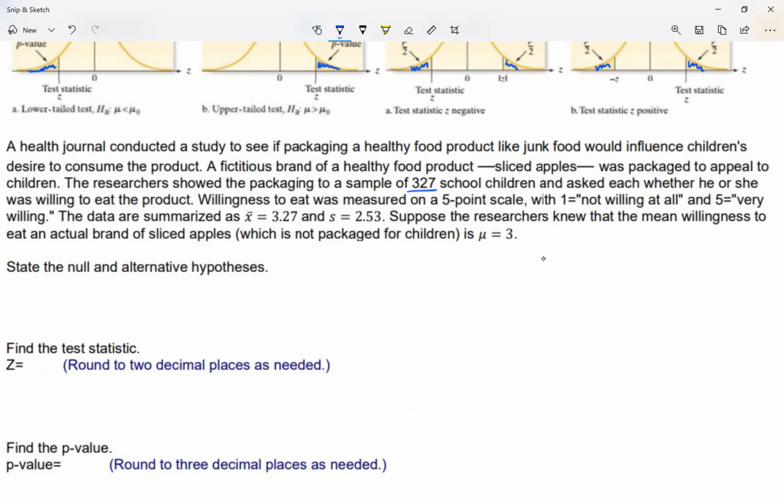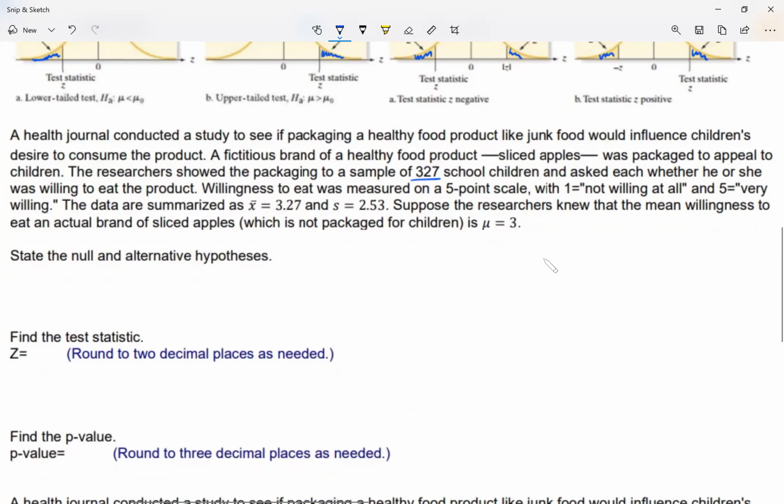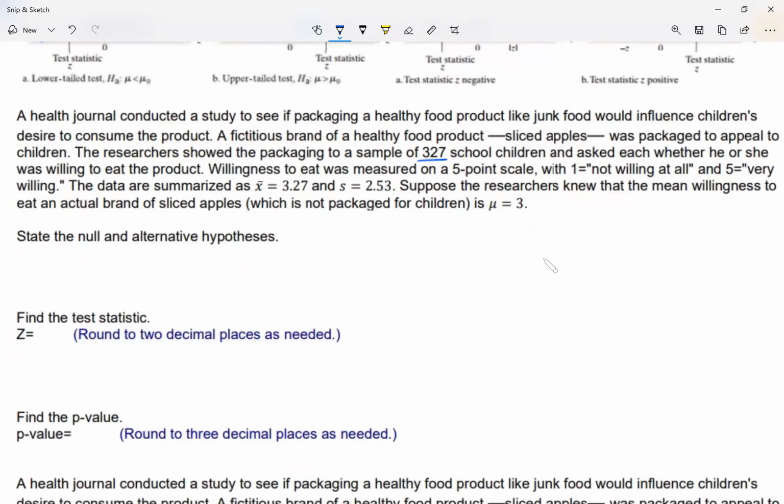And then suppose that researchers knew that the mean willingness to eat an actual brand of sliced apples, which is not packaged for children, let's say the average is 3. Now state the null and alternate hypothesis. So we have the null hypothesis. We talked about this last week. The null hypothesis here is the average is 3. That's what they're telling me.